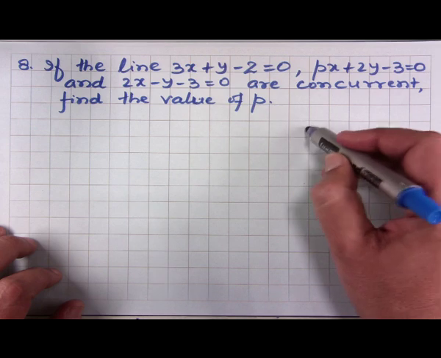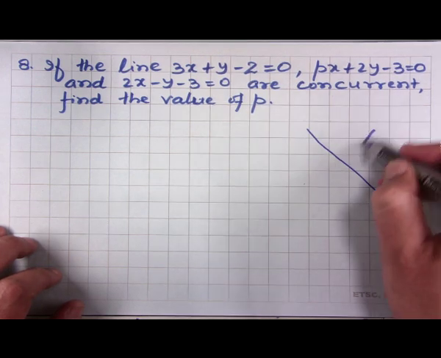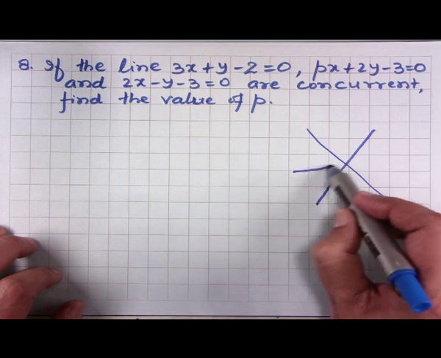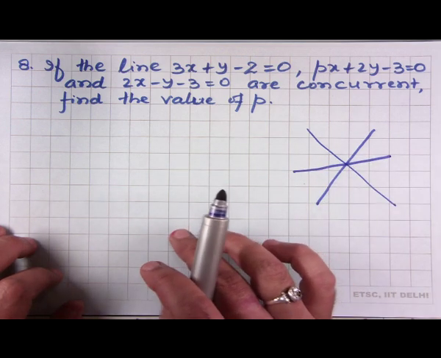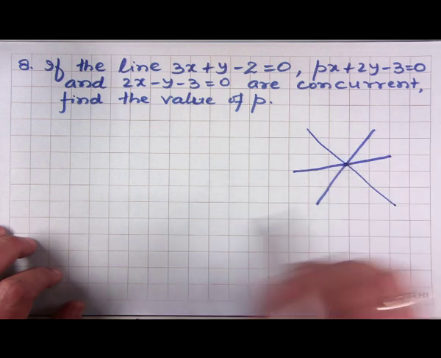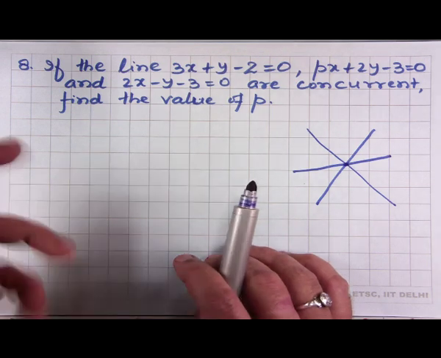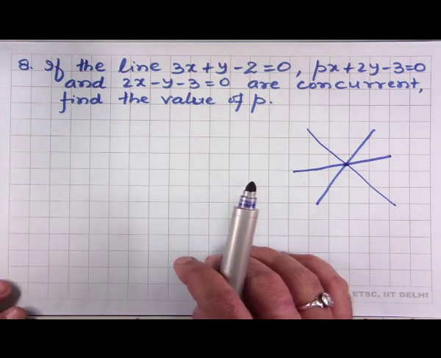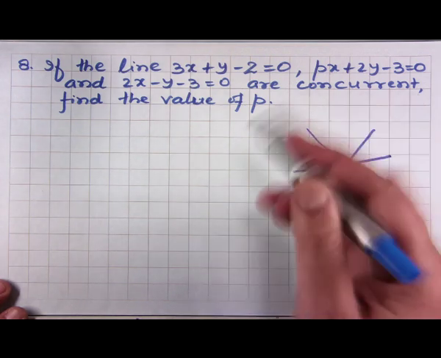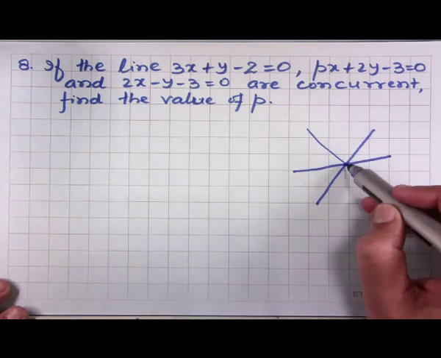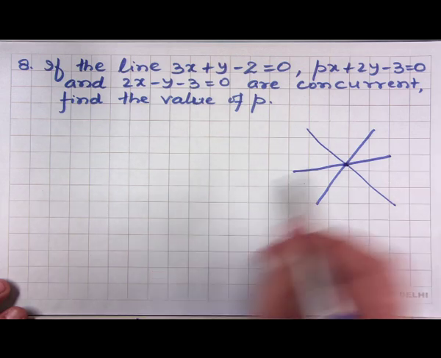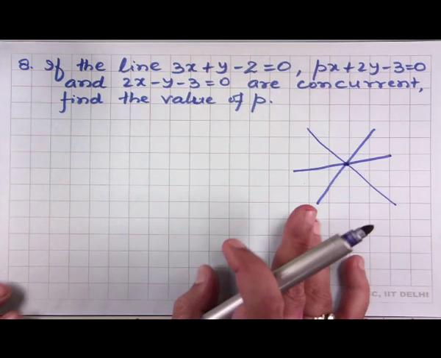Concurrent means these three lines pass through one point. So three or more lines passing through the same point are called concurrent lines. These three lines pass through this point, then we have to find the value of p.